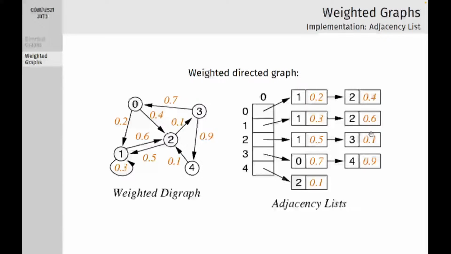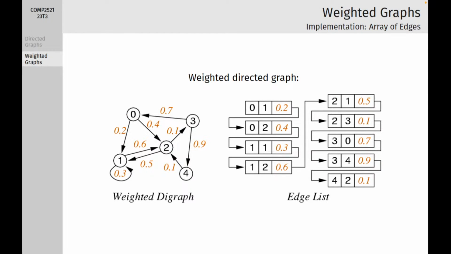Fairly simple. Also array of edges. Each edge struct contains not just the endpoint vertices of the edge, but also the weight of the edge. Here it's drawn out as a linked list, but you can also have an array of edges.